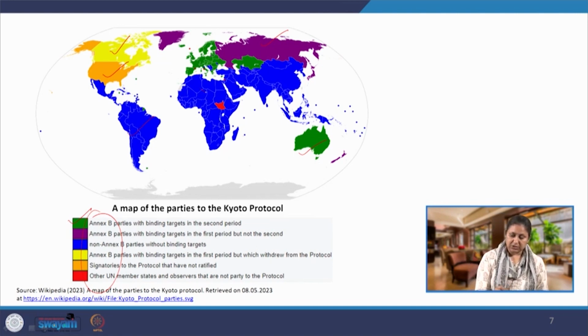These countries which are less developed or are developing countries, they are signatory, they are party to the Kyoto Protocol, but they do not have binding targets. So, they are non-binding target parties, and I think there are very few which are not party or they have not ratified the protocol so far.